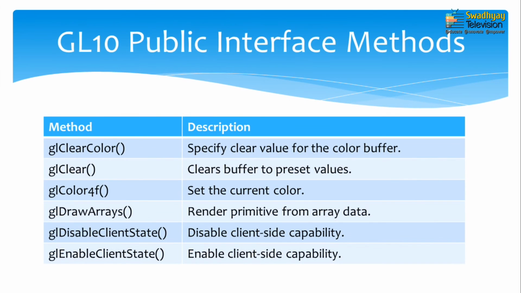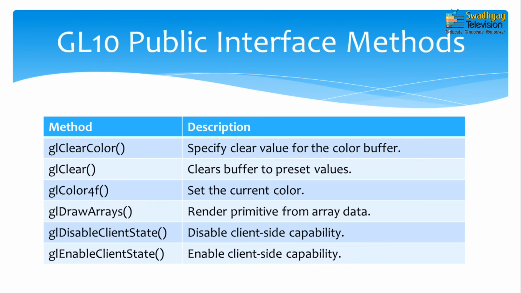There are various methods that we have discussed which take this GL10 public interface object as an argument. So, we discuss these interface methods. The first method is glClearColor, which specifies the clear value for the color buffer.